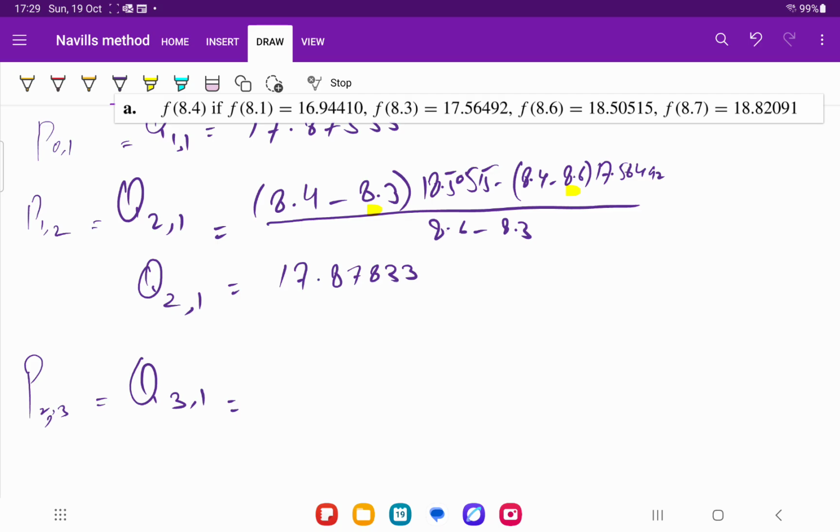Just the calculation. Okay. So should we move on to the next one?